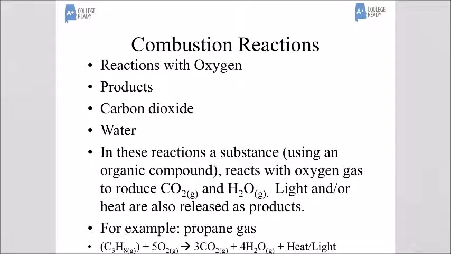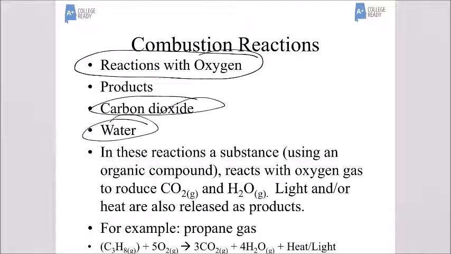The last type of reaction we'll mention are combustion reactions. When we talk about combusting things, we're reacting those things with oxygen. Three products are usually formed in combustion reactions. Those are CO2, water, and usually heat or some type of energy. Typically the things that we're combusting are organic.